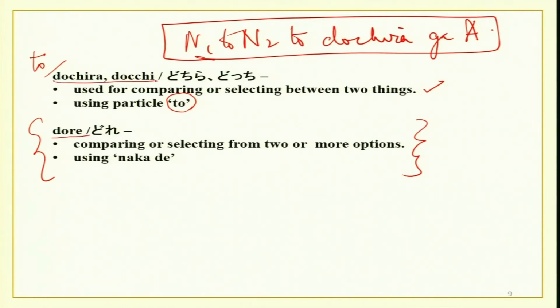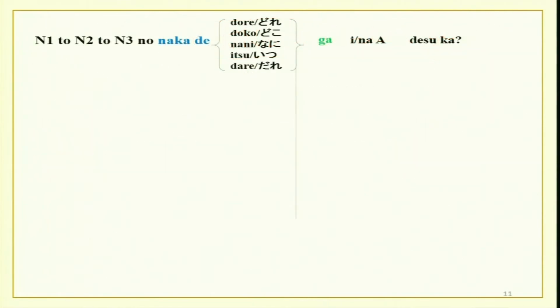Now, another way of comparing is by using naka de. So, how will you do that? Well, noun 1 to, noun 2 to, noun 3 no naka de, within these 3 nouns.